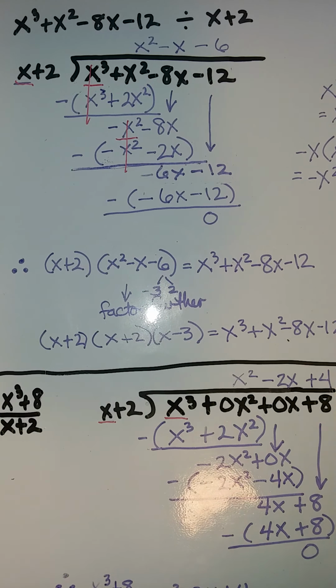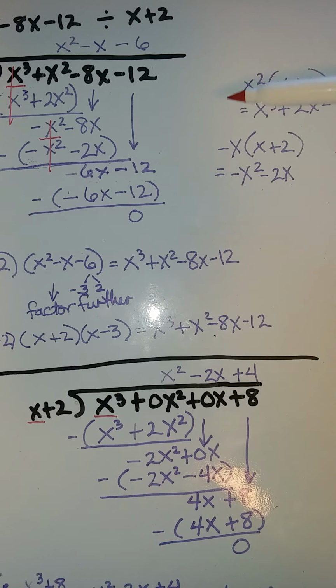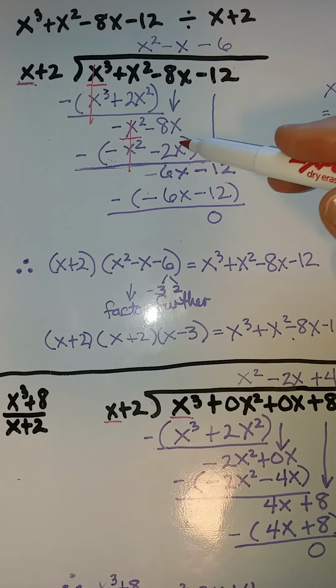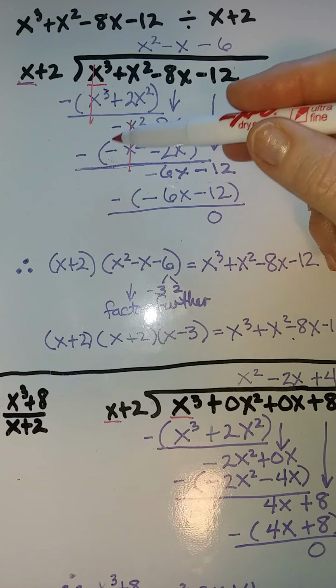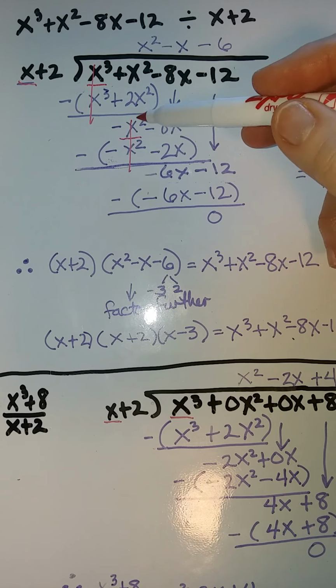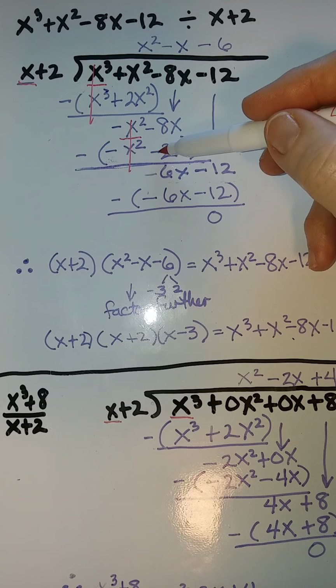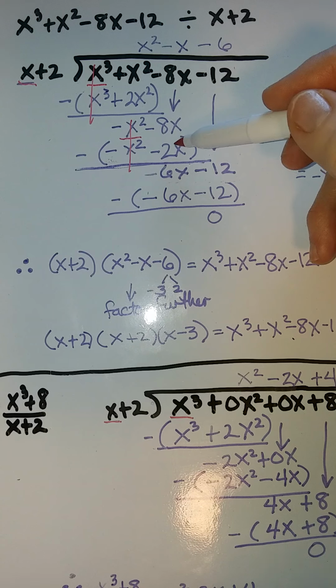But once I multiply negative x, if you see over here, we have to distribute it across the whole binomial. We get negative x squared minus 2x, which is what I've written right here. And then I've reminded myself that the signs are going to change, so these two can cancel out. And so this is going to be positive 2x.